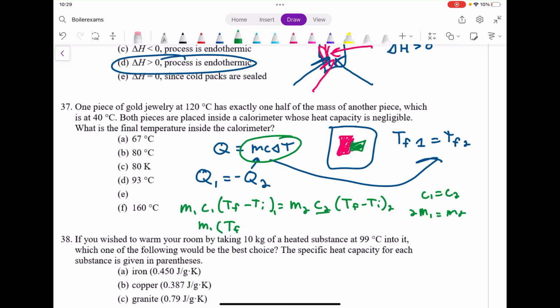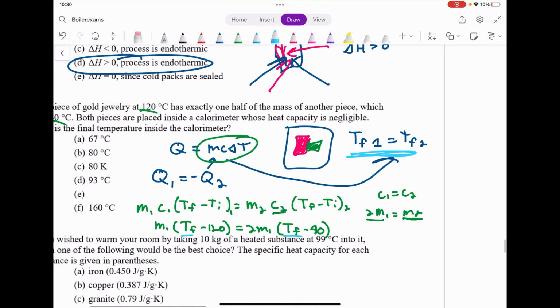I'm going to leave TF as TF. TI for the first one is 120. And I know M2 is equal to 2M1. I'm getting rid of C again. TF, and then the initial temperature of this one is 40. Okay, so there's our final equation, and these two TFs we know are the same.